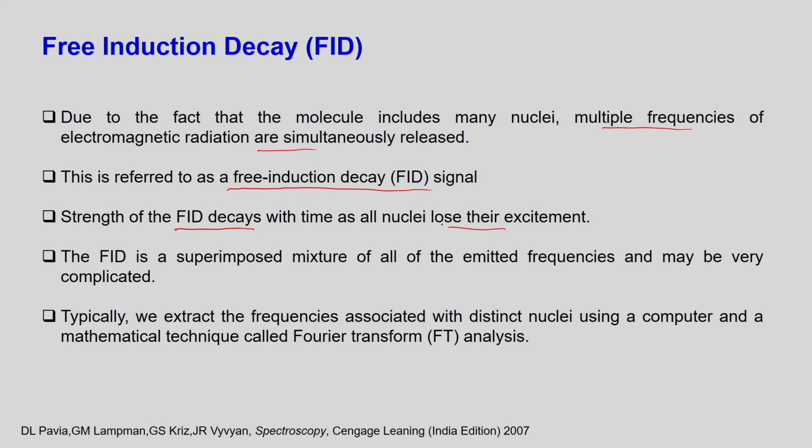The FID is a superimposed mixture of all the emitted frequencies and may be very complicated. Like Fourier transform IR, FTIR, here also you will have a signal with emitted frequencies of different waves. If we want to extract the frequencies, we apply a computer, and this technique is called Fourier transform analysis.